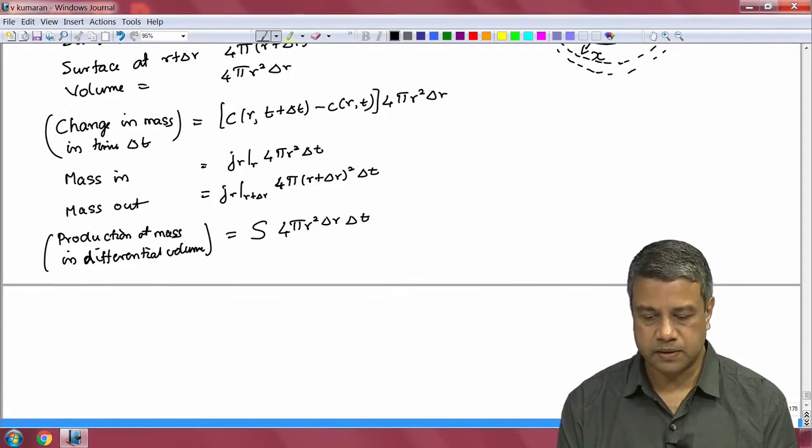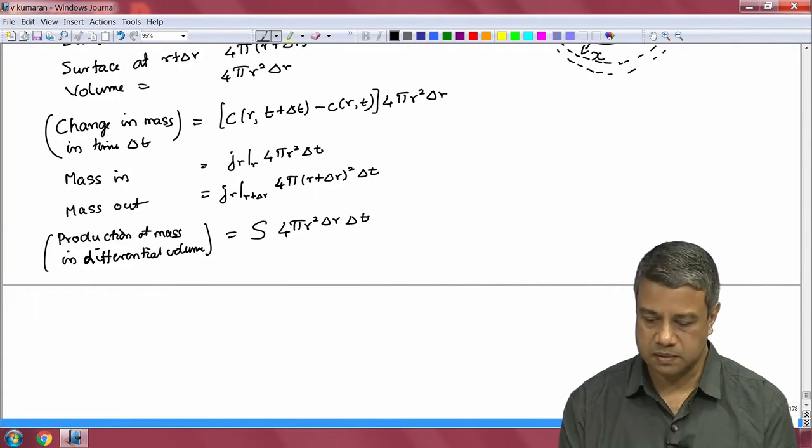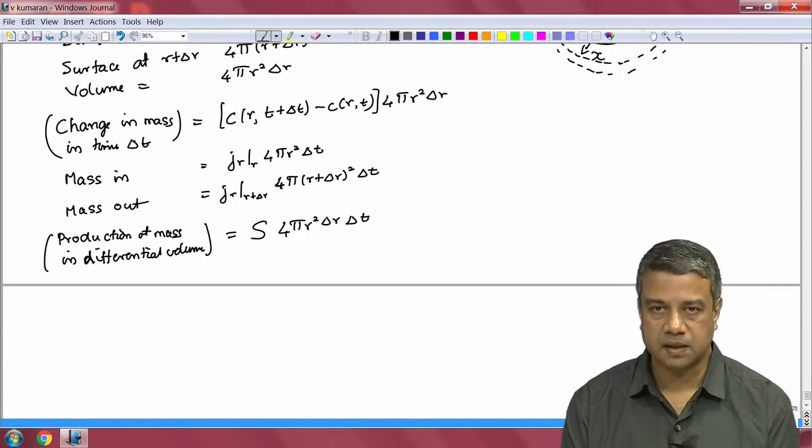Use the balance equation: change in mass in a time delta t is equal to mass in minus mass out plus the production of mass in that time delta t.